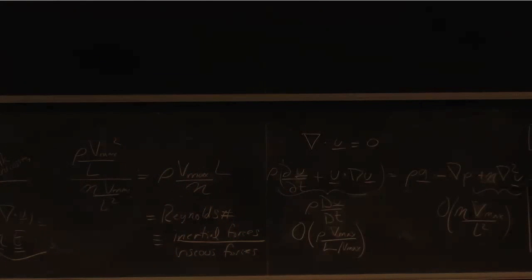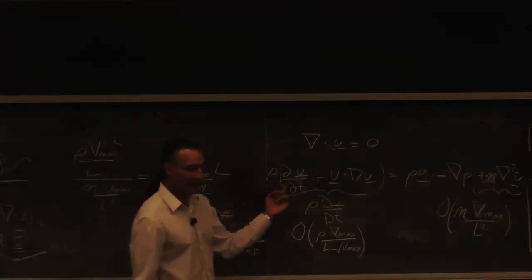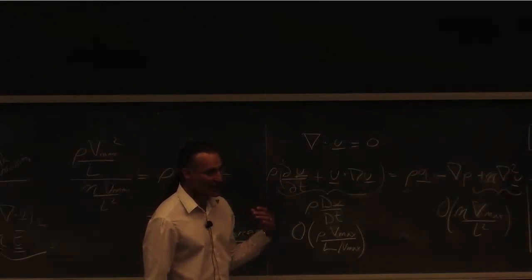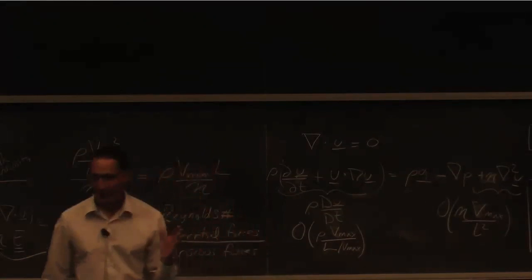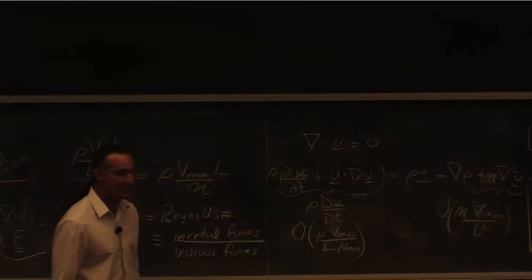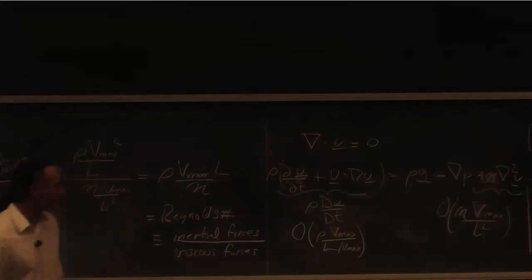So there are two reasons we use and introduce dimensionless numbers. One, it allows us to tell how important different terms are, whether we can neglect them or not. And from the governing equations, we can do a variety of interesting things mathematically at that point. The second thing is it also gives you insight into what the solutions will look like.